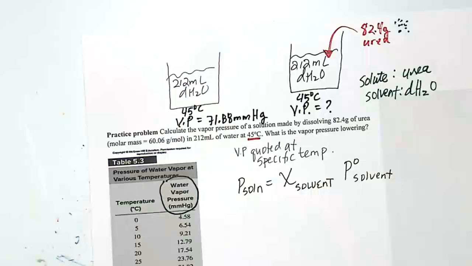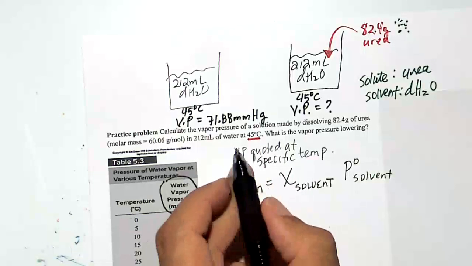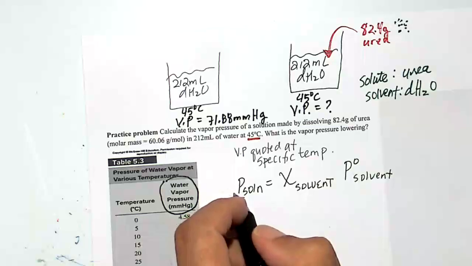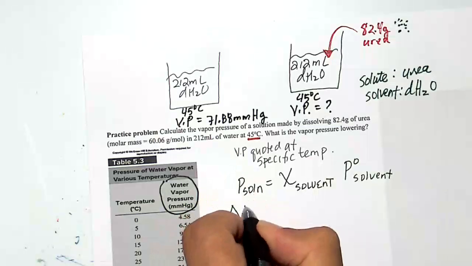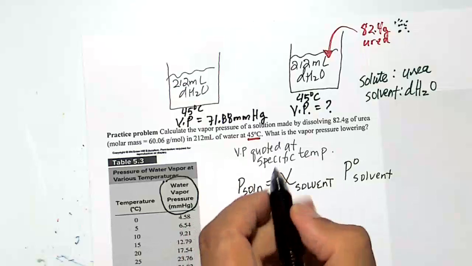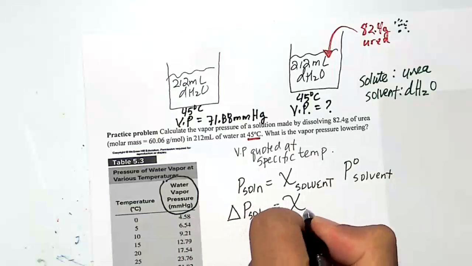All right, so I'm going to do it using this equation, but I'm also going to do it another way, using another equation, just to illustrate a point. We can also calculate, not just the vapor pressure straight up, but by how much the vapor pressure has lowered. That's the delta P of the solution.